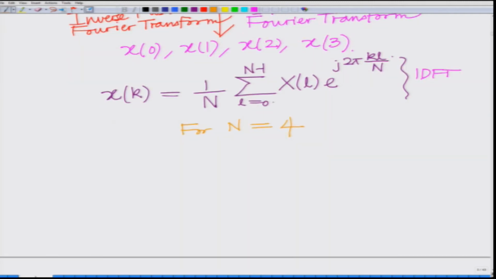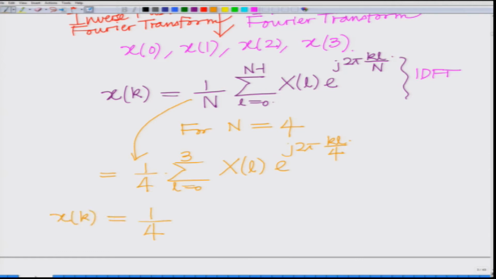For N equal to 4, x k equals 1 over 4 summation L equal to 0 to 3 capital X L e raised to j 2 pi k L divided by 4, which is 1 over 4 summation L equal to 0 to 3 capital X L e raised to j pi by 2 k L. Please note that this is only for this specific example corresponding to N equal to 4 subcarriers.